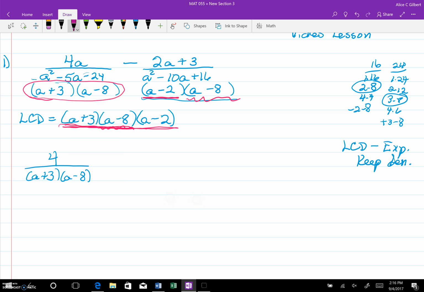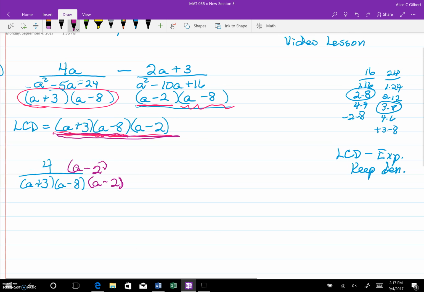And then I'm going to say, okay, what do I need to multiply with the a plus 3 times the a minus 8 to get everything in my LCD? Well, that would be a minus 2. If I do that in the denominator, then I need to do it in the numerator as well.